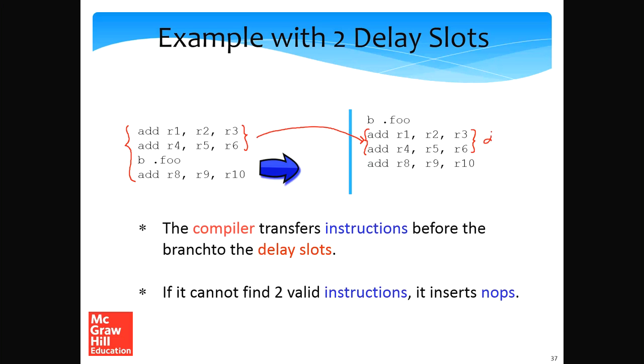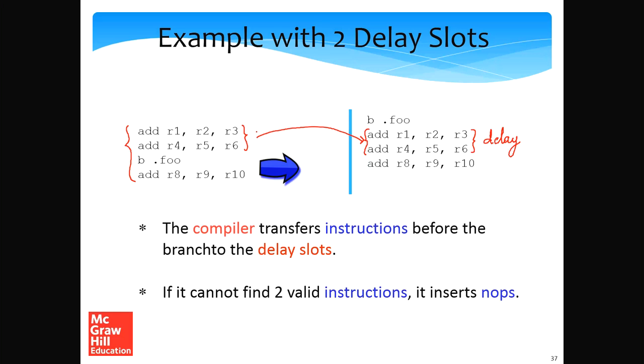So they will be in the delay slots, because when these instructions would be in their IF and OF stages, we would not know the direction or outcome of this branch. So they will still execute and they'll execute correctly. The compiler's job is to transfer instructions from before the branch to these delay slots. If it cannot find two such valid instructions, then it needs to insert no-ops.